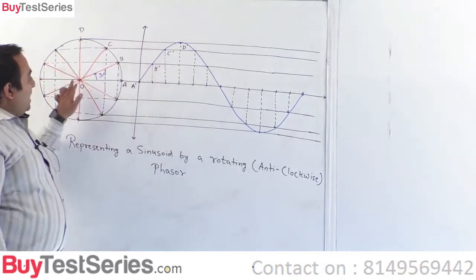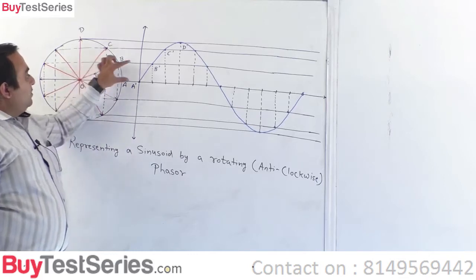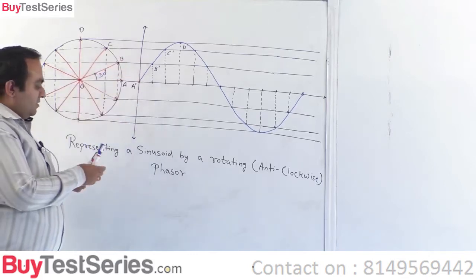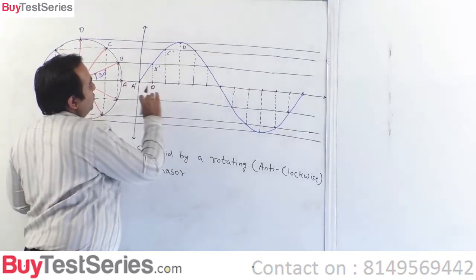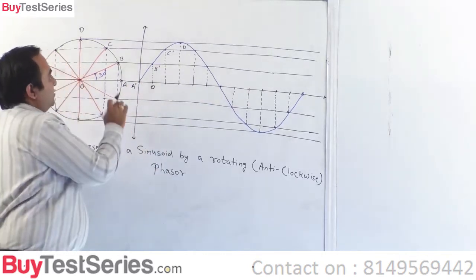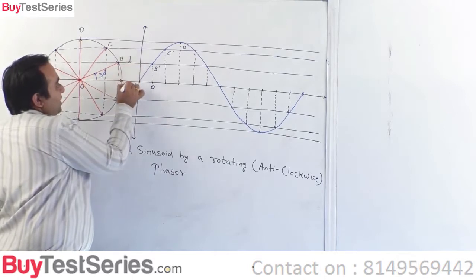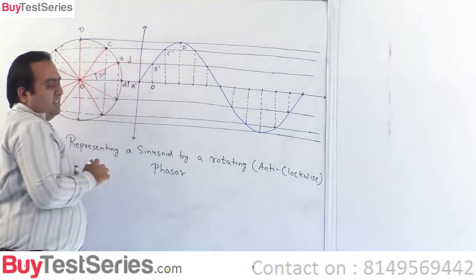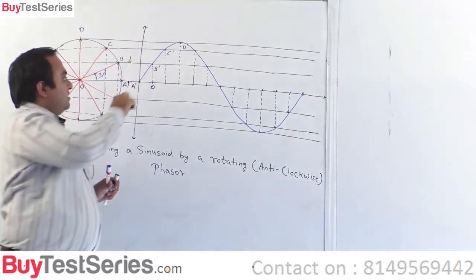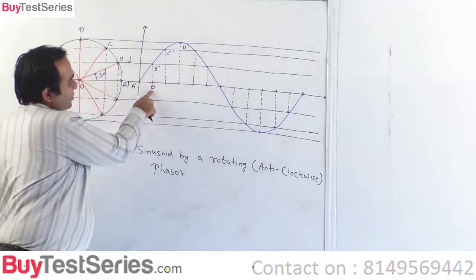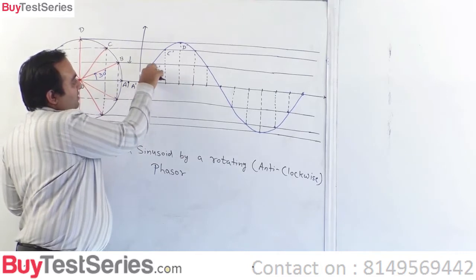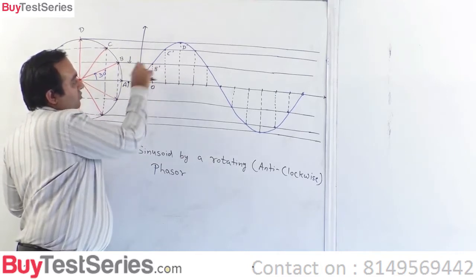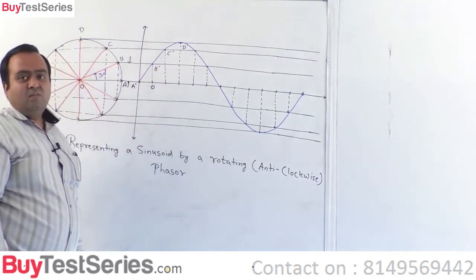If you see at position B, this is the vertical height from point O. So this OB dash is the instantaneous value of this phasor, because this is the vertical height at this instant, so we call it the instantaneous value.